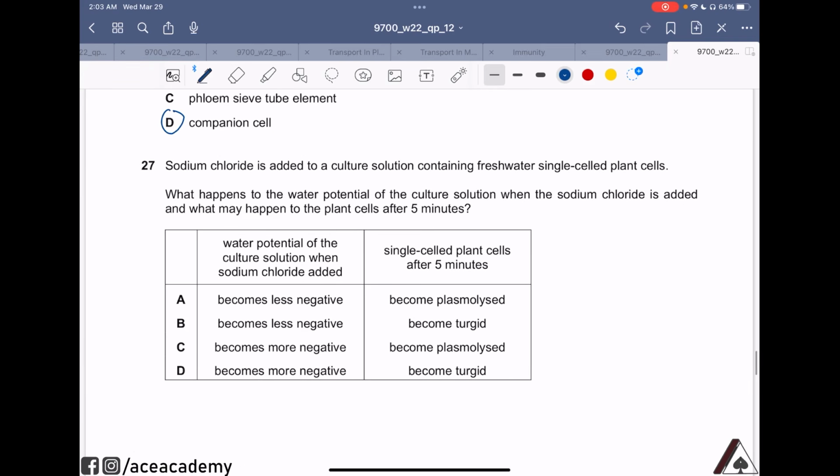Number 27. Sodium chloride is added to a culture solution containing freshwater single-cell plant cells. What happens to the water potential of this culture solution when the sodium chloride is added, and what may happen to the plant cells after 5 minutes?